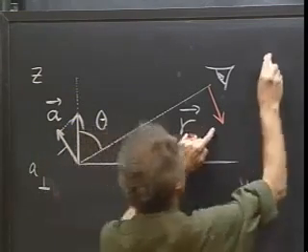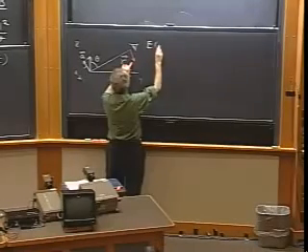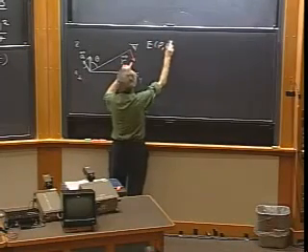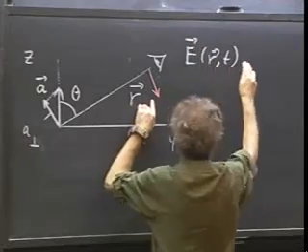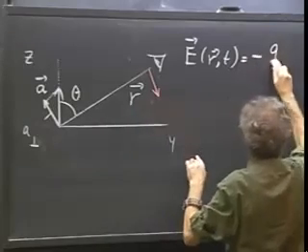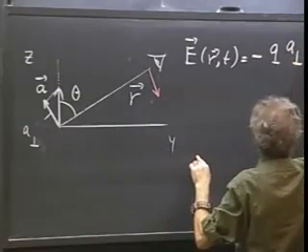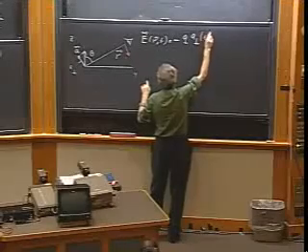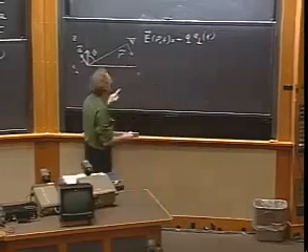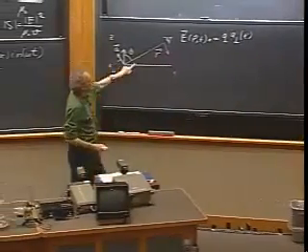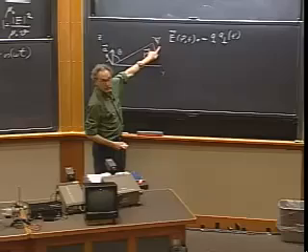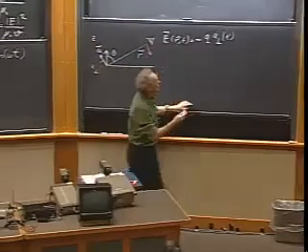The E vector that you experience at time t is then minus q times A perpendicular at time t prime, because the acceleration took place earlier than when the signal arrives where I am, because it takes time to travel.